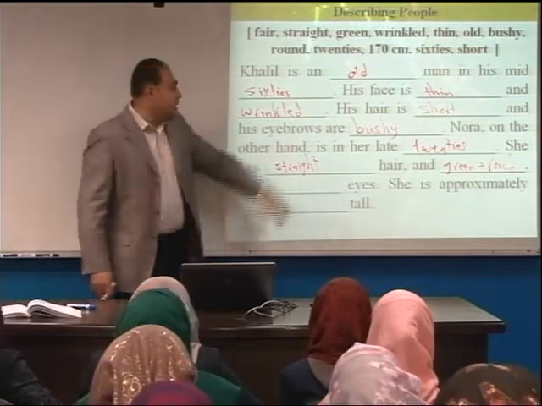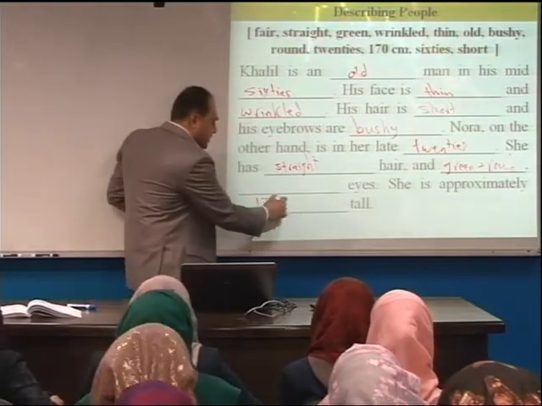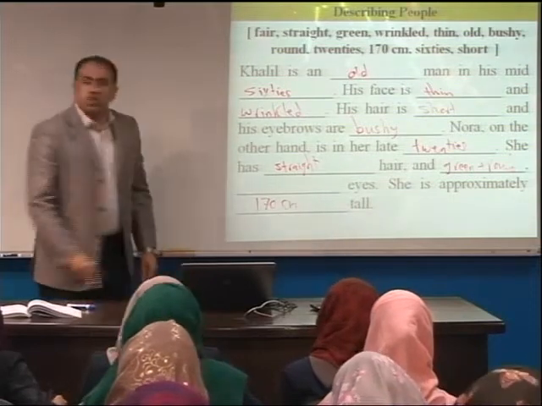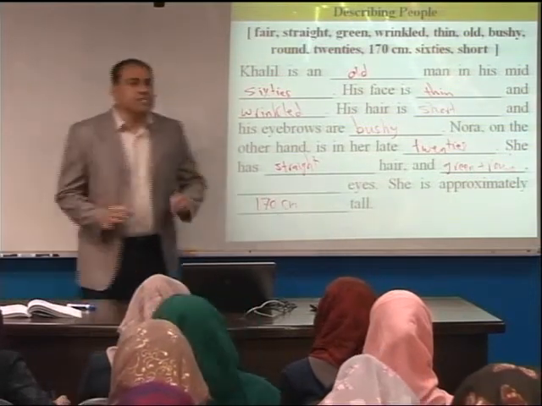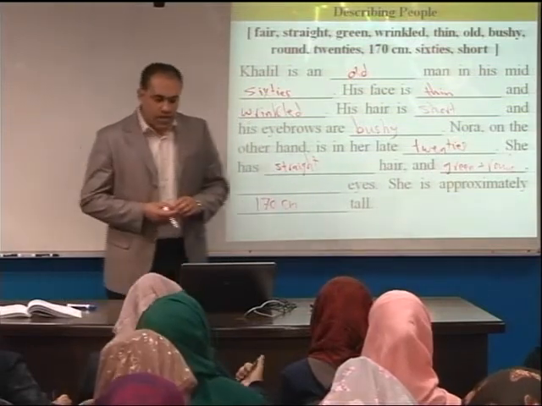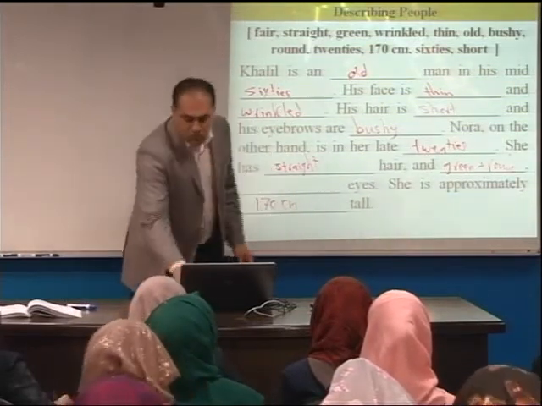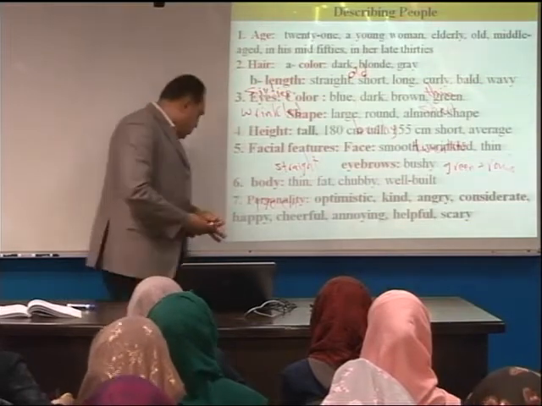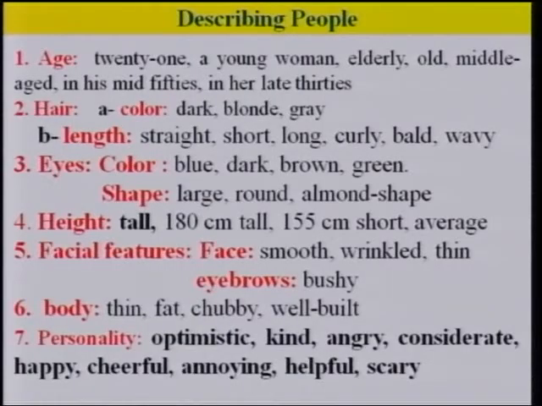She's approximately 100 centimeters tall. All right. So these are some physical characteristics of Noura and Khalil. Okay. So remember these things that we use to describe people.